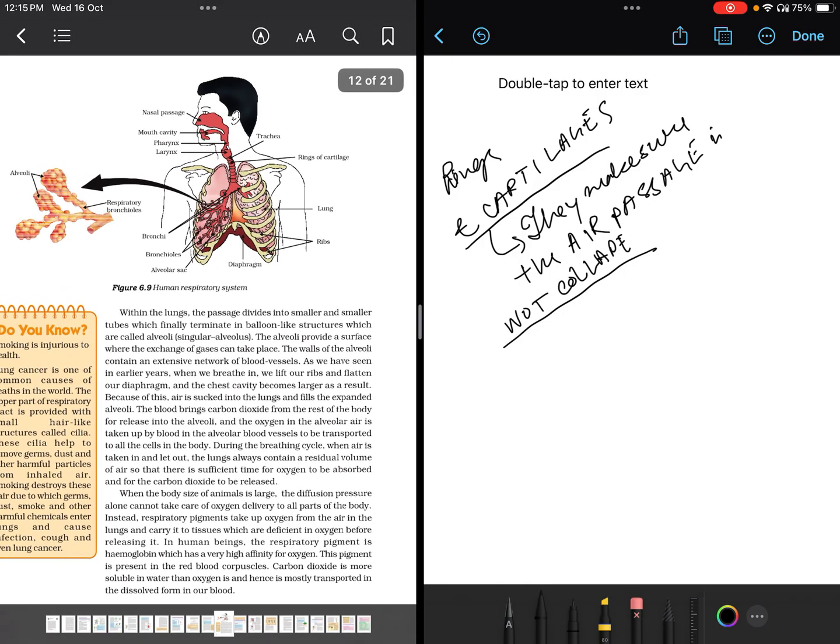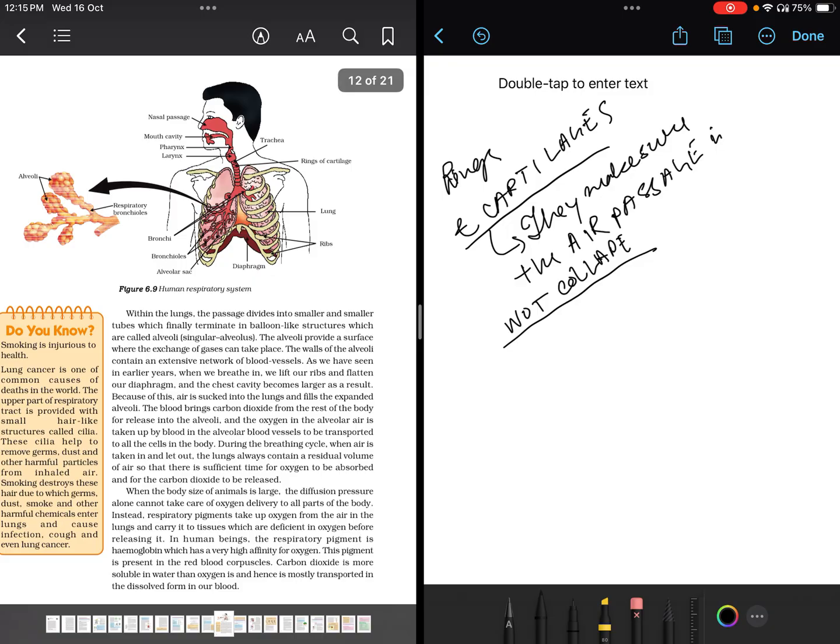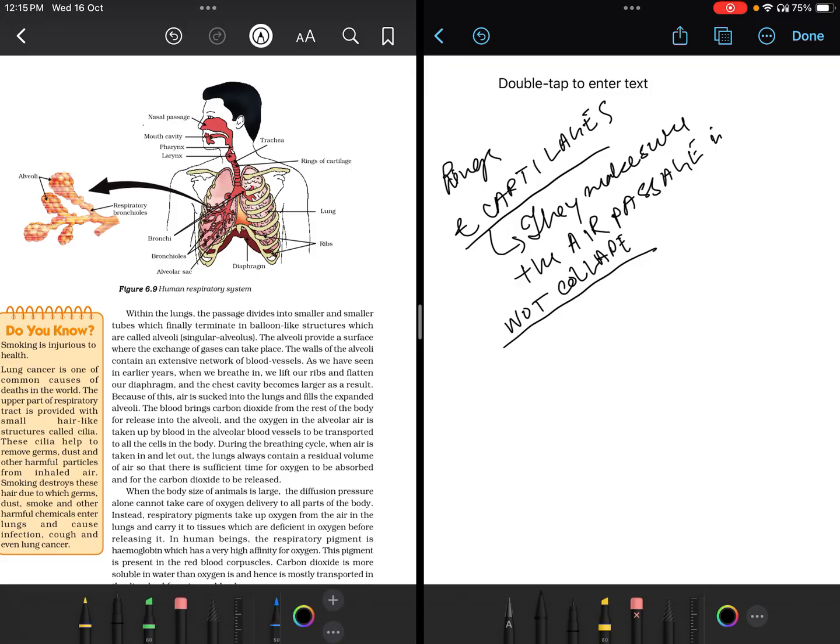Now coming to the human respiratory system. Here you see the nasal passage, mouth cavity, pharynx. This is the larynx, and this is the trachea. Rings of cartilage are present; the function we have discussed. These are two lungs. Lungs are protected by the ribs, and below the lungs there is the diaphragm.